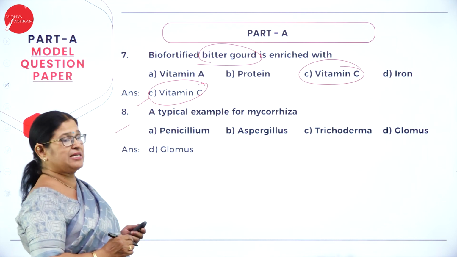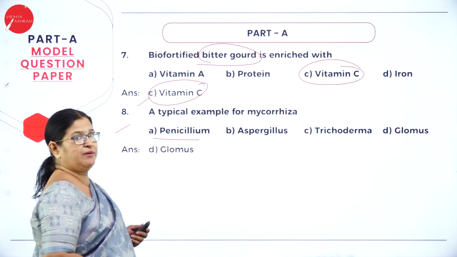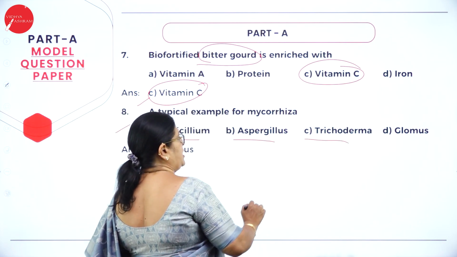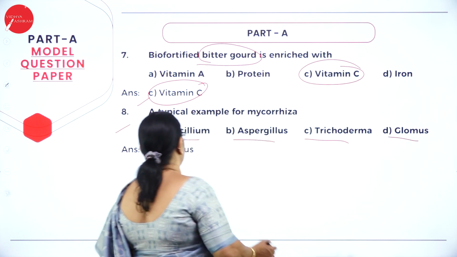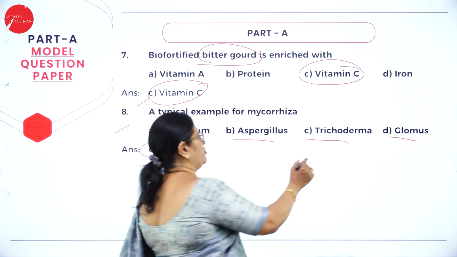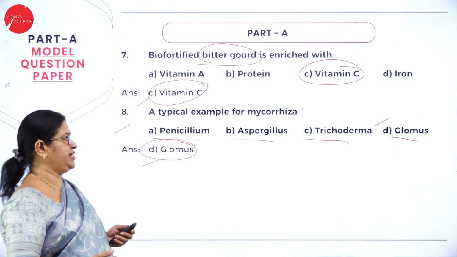A typical example for mycorrhiza. Option A, Penicillium, option B, Aspergillus, option C, Trichoderma, and option D, Glomus. The answer is option D, that is Glomus for mycorrhiza, which is an association between plant roots and fungus.